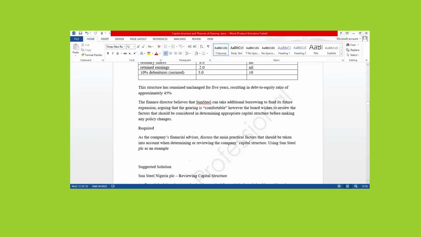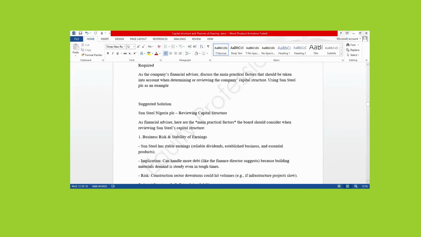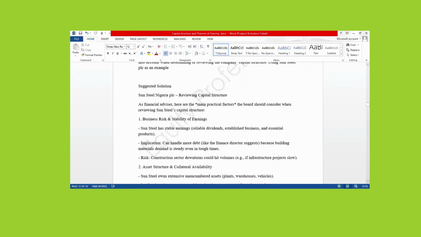Now let's go to the solution. As financial advisor, here are the main practical factors the board should consider. One, business risk and stability of earnings. Sun Steel has stable earnings, reliable dividends, established business, essential products.